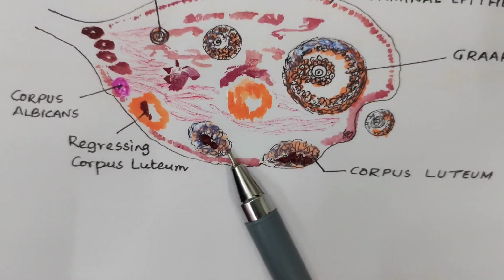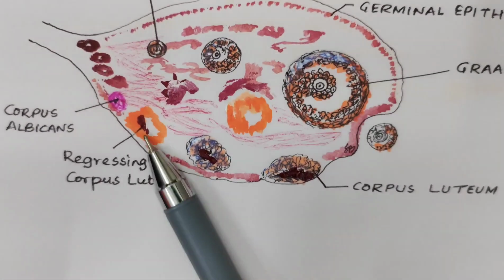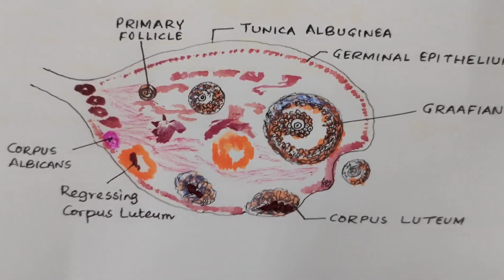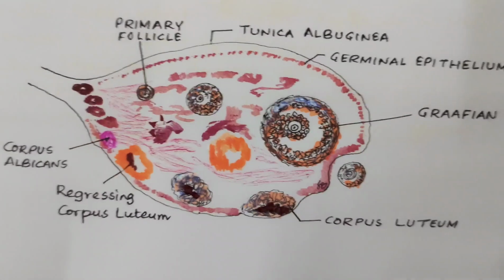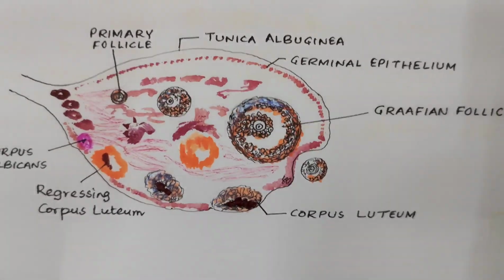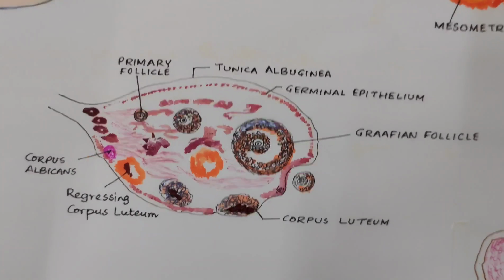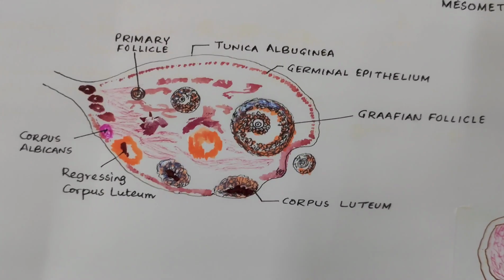The corpus luteum slowly regresses and forms corpus albicans. So this is the whole female reproductive tract. So this is it, all about the anatomy and physiology.